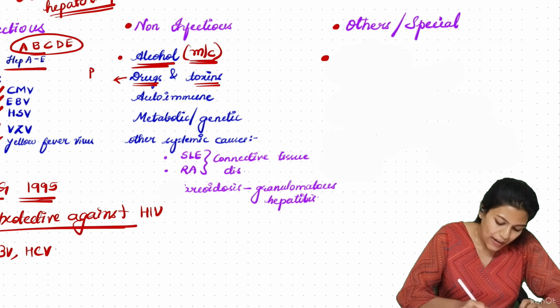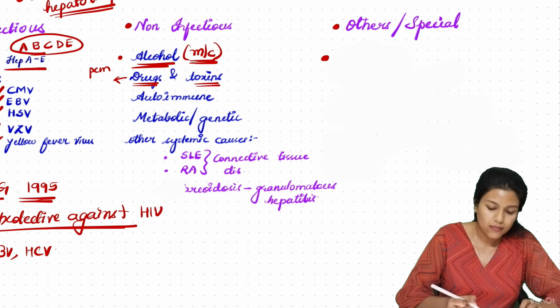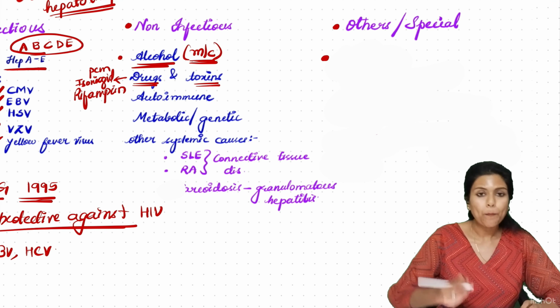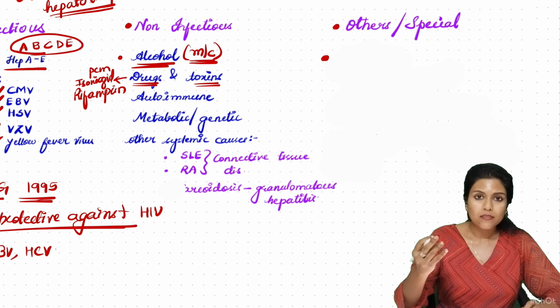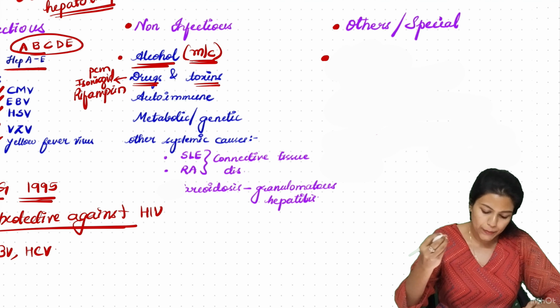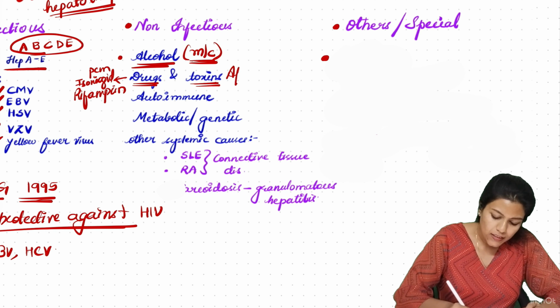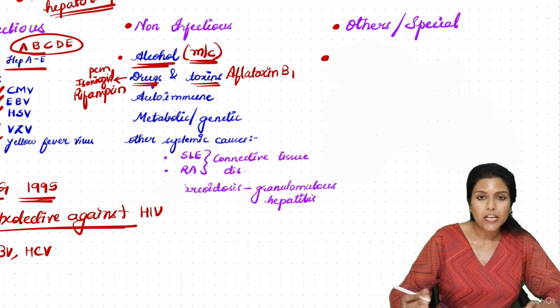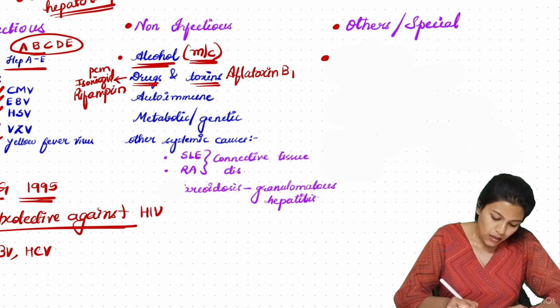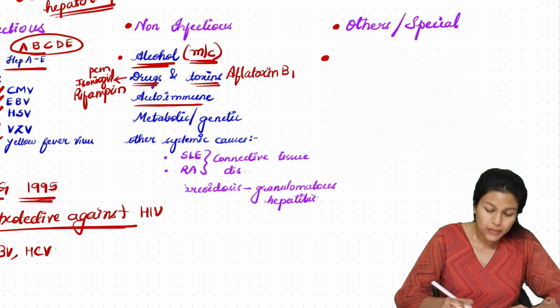Drugs like paracetamol and tubercular drugs like isoniazid and rifampicin are mostly associated with causing hepatitis, and toxins like aflatoxin B1 seen in contaminated groundnuts are known to cause hepatitis.